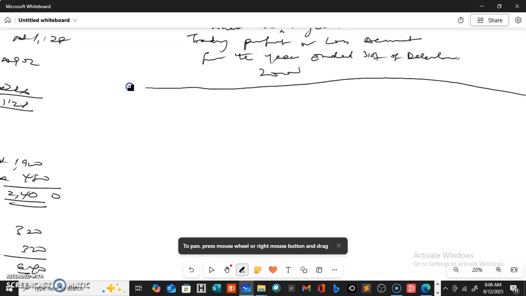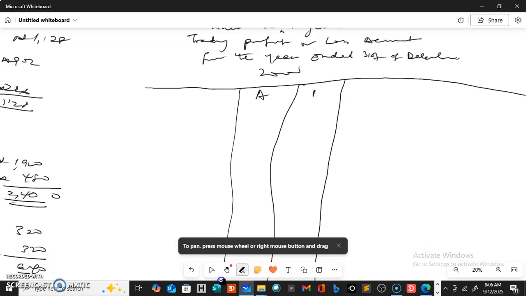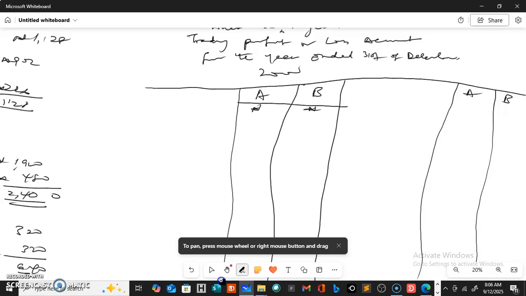Please ensure you have your ruler with you. Draw appropriately, draw the lines correctly. So let me just try as much as possible to draw the lines. I'm using a pen. So let us say this is department A, this is department B. Let's put our naira sign.